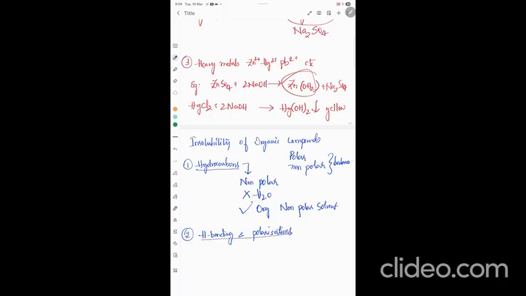Here we will be getting the compounds like alcohols, phenols, carboxylic acids, amines, aldehydes, ketones, esters. All these possess water solubility because the mentioned compounds have the capability of forming the hydrogen bonds, right?